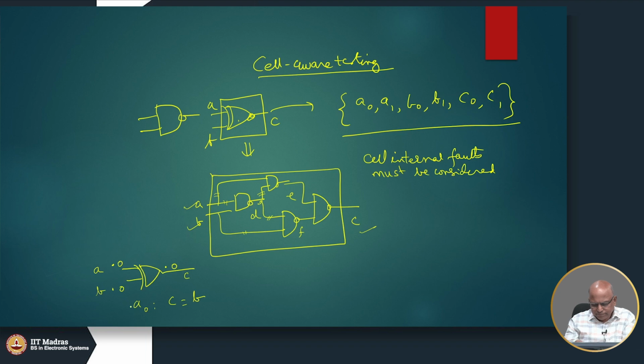A XOR B, when A is 0, is nothing but C equal to B. When B is stuck at 0, C will be A. When A is stuck at 1, C will be B bar. When B is stuck at 1, C will be A bar. When C is stuck at 0, the output is 0. When C is stuck at 1, the output is 1. So, you can see everything is different. There is no equivalence as such.